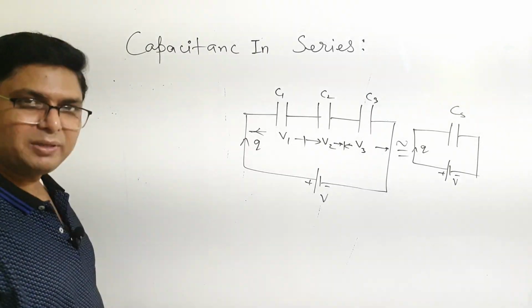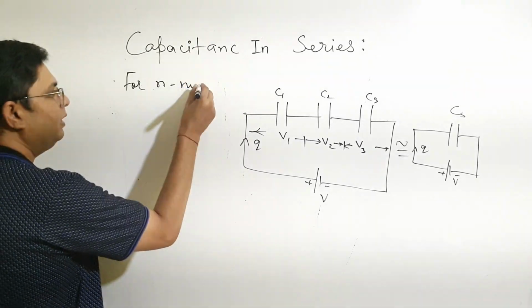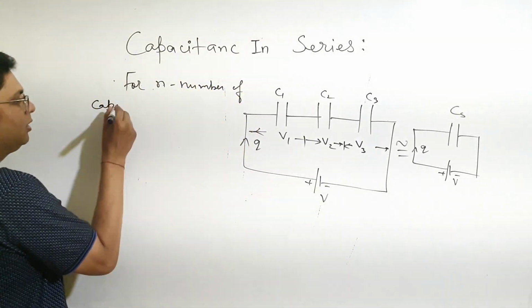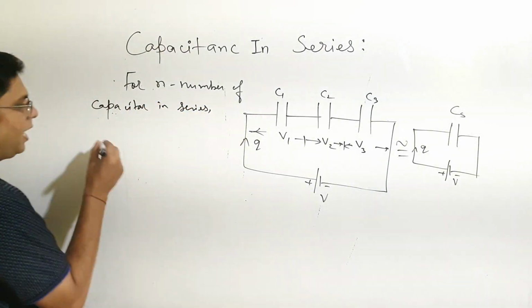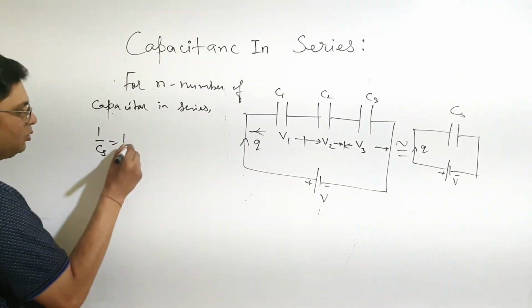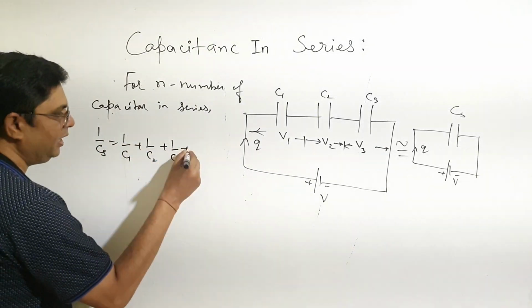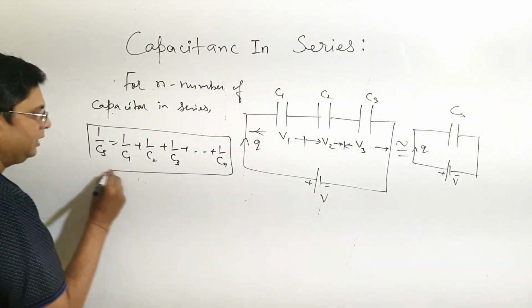For n number of capacitors in series, you have 1 by CS equals 1 by C1 plus 1 by C2 plus 1 by C3 dot dot 1 by Cn, up to n terms.